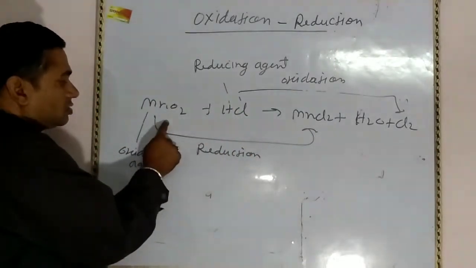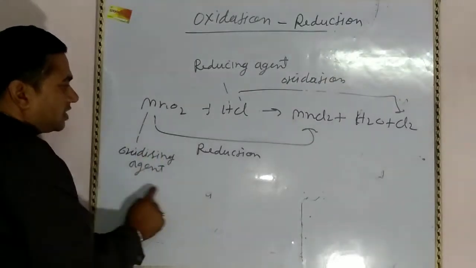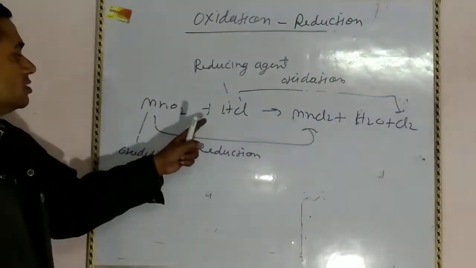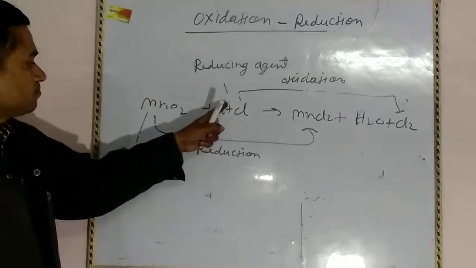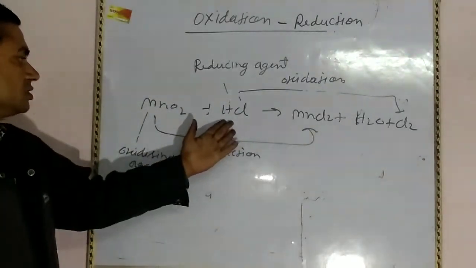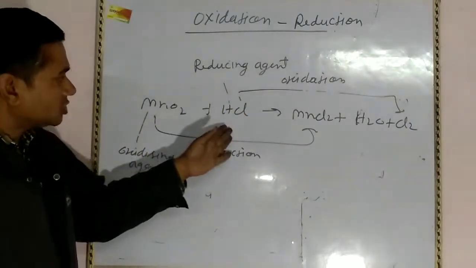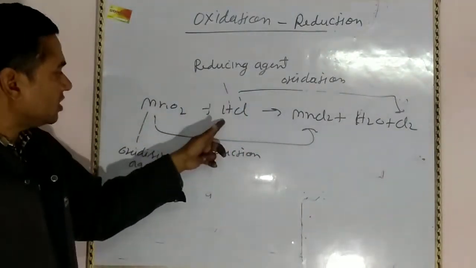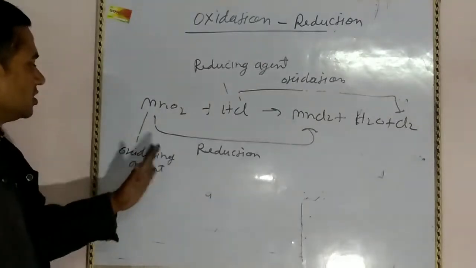So this acts as an oxidizing agent because it has removed hydrogen of HCl. So removal of hydrogen is oxidation. So it has caused oxidation of HCl. So this is the oxidizing agent.